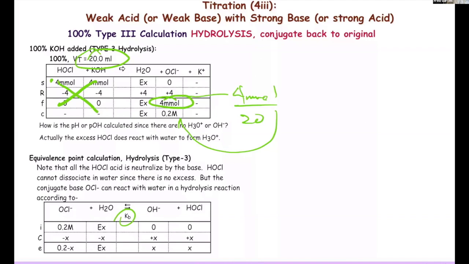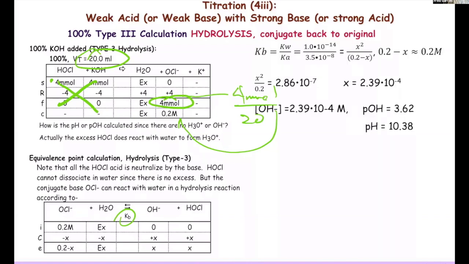Or I can just do this equation. This equation right here: hydroxide is equal to the square root of 0.2 times Kb. What did we say Kb was? We said that Kb was 2.86 times 10 to the minus 7. Okay, that's 2.86 times 10 to the minus 7.